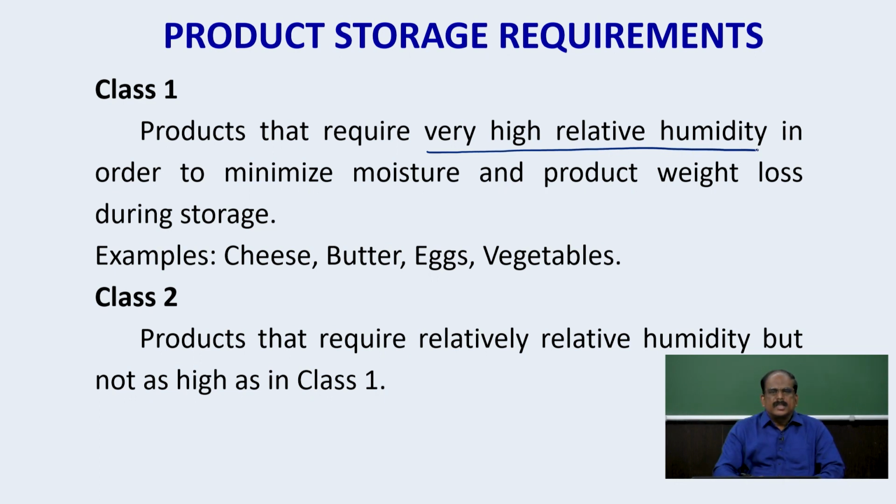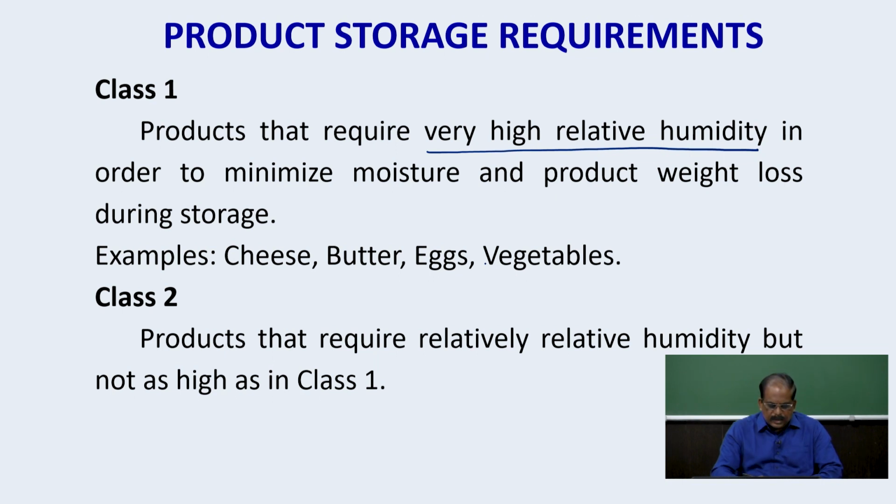The relative humidity is expressed as percentage, whereas the specific humidity, which differs from the relative humidity, is expressed in terms of kg of moisture per kg of dry air. So whichever products require very high relative humidity, in order to minimize the moisture and product weight loss during storage, these products are classified under class 1. Examples are cheese, butter, some of the dairy products, then eggs, vegetables, etc.